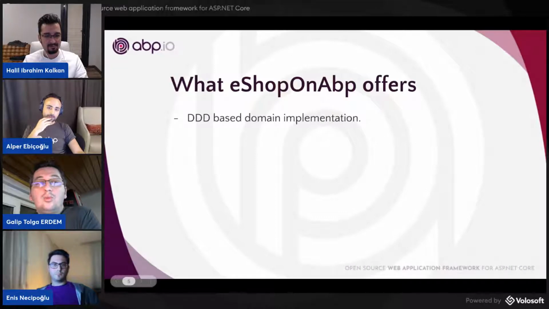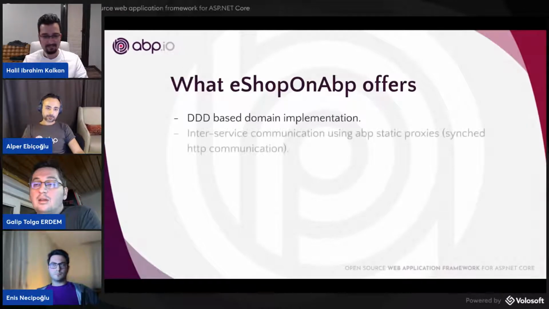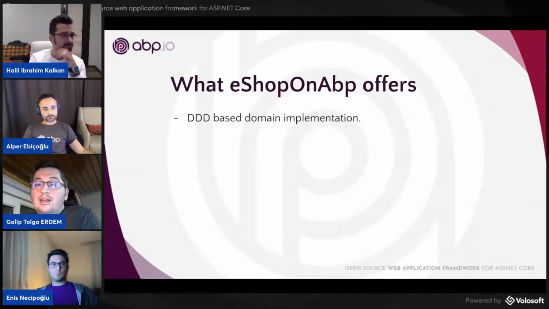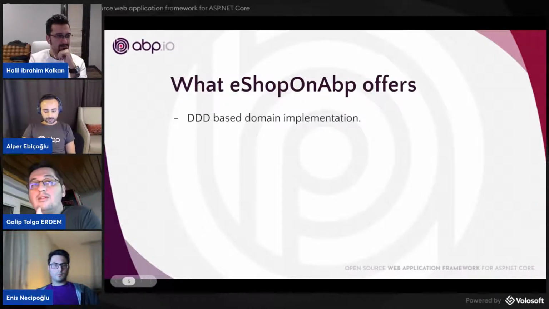And we want this to be used as a guide, so we can create documentation or guides so that people can look and learn. You will also notice that it's not exactly the same eShop sample. We are adding something more, like a back office application as a standalone application.